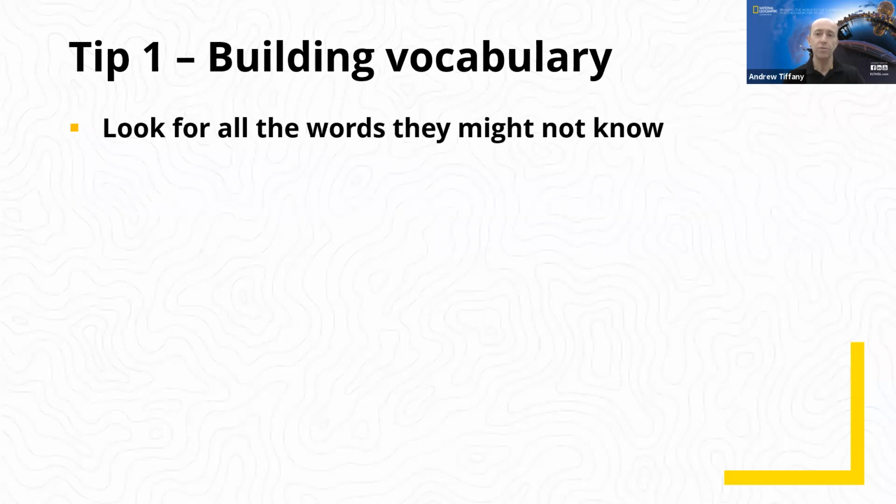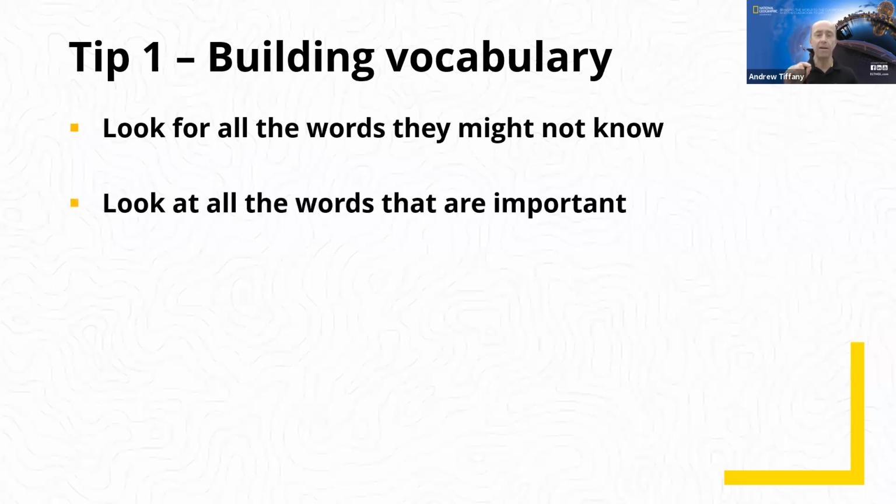So what I do when I'm teaching reading, and it doesn't matter what I'm teaching, I'll give you an example in a moment, I will look at the reading and not just consider what the textbook tells me about new vocab, but I will look at the reading and say, what are all the words that my students might not know? Okay, again, know my students, right? So maybe they don't know this word. Maybe let me check this one again today and so on, right? And I'll go through and I'll construct a list of words, okay?